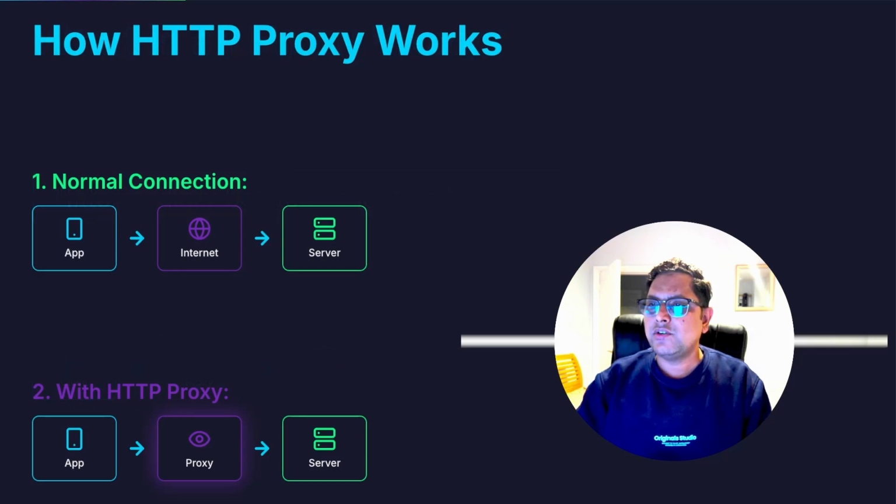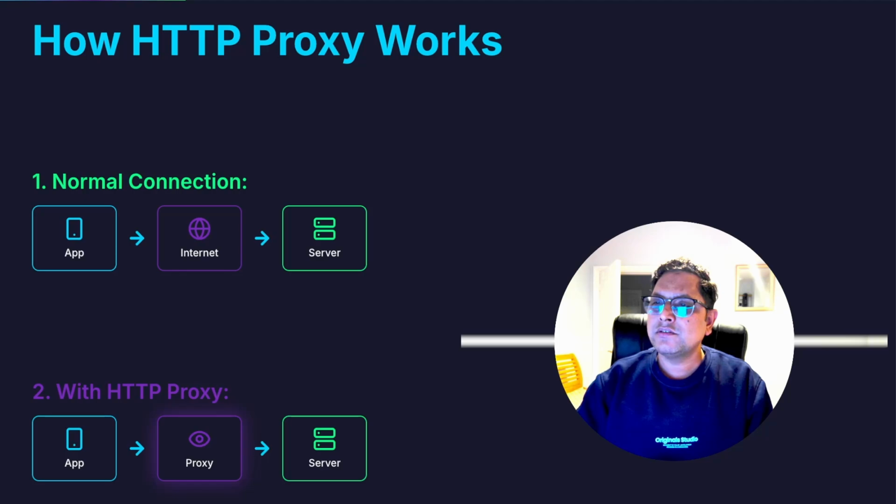Let's see how an HTTP proxy actually works. Normally, our application talks directly to the server, the request goes out, the response comes back. It's very straightforward. With the proxy, the flow changes. Our application sends the request to the proxy first. The proxy forwards the request to the server and gets the response back.